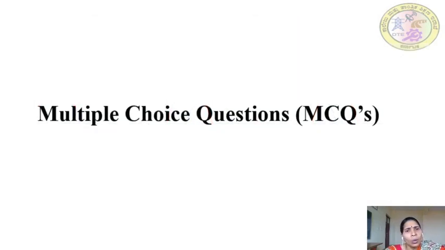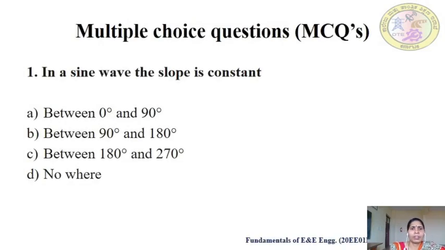Now let's go through the multiple choice questions. First one: in a sine wave, the slope is constant. First option, between 0 degree and 90 degree; second, between 90 degree and 180 degree; third, between 180 degree and 270 degree; and fourth, nowhere.